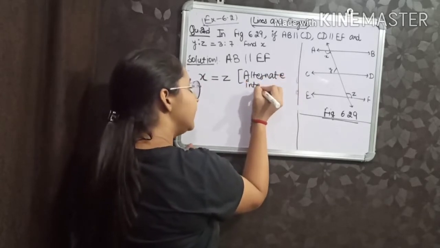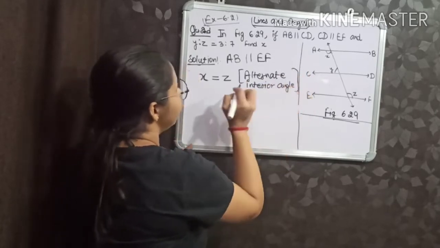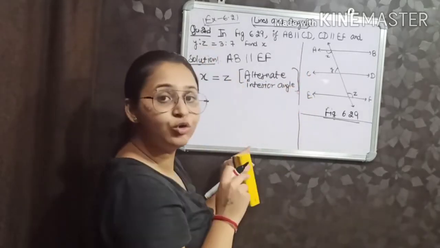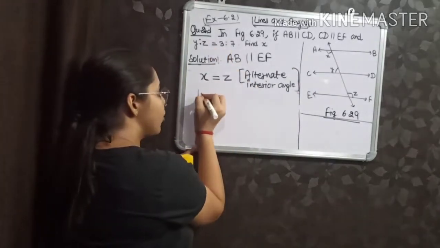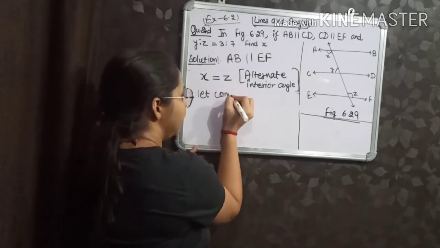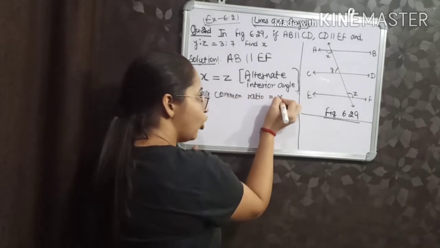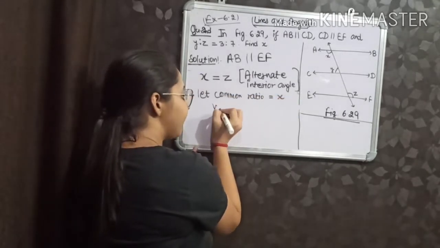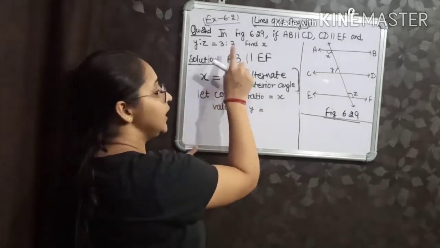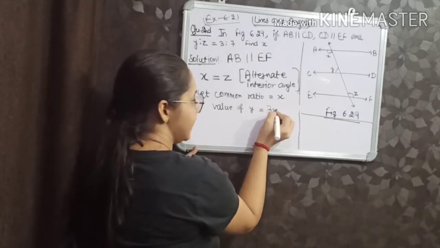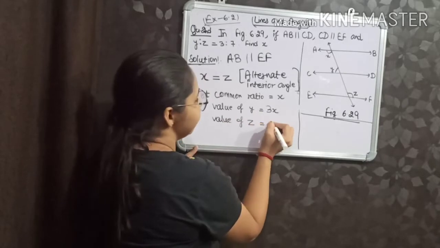Now, what is given? Given is Y ratio Z is equal to 3:7. If ratio is given, then first of all, I will take a common ratio. Let the common ratio be X. Then the value of Y will be 3 multiplied by X, 3X, and similarly the value of Z will be 7X.